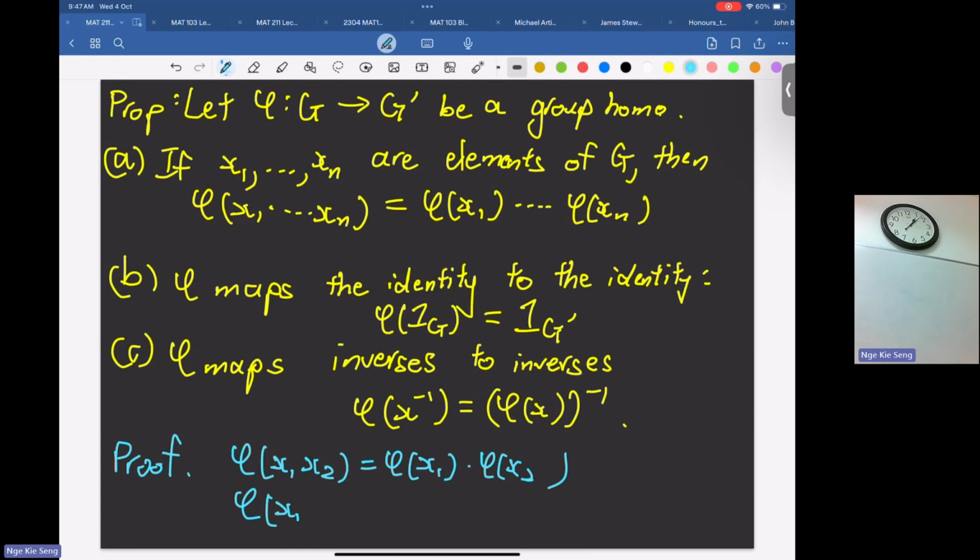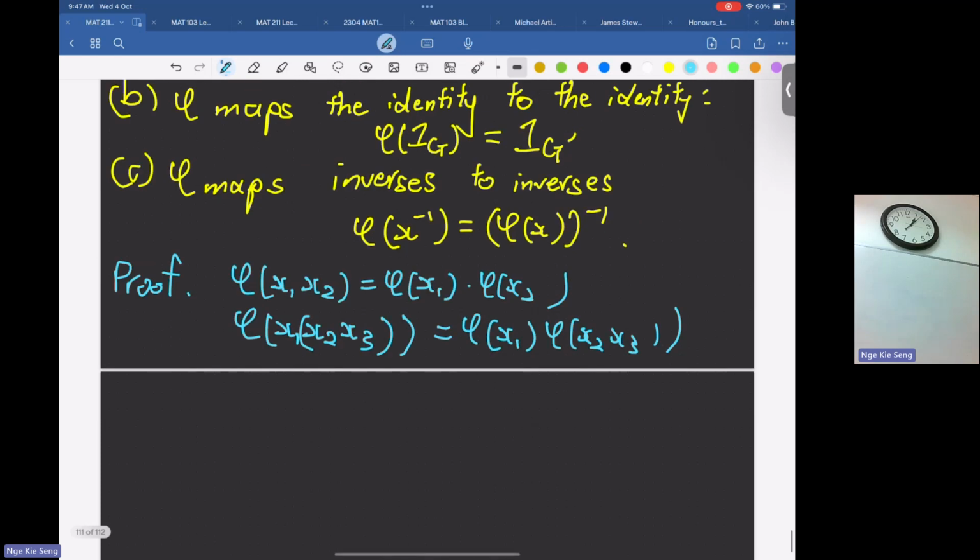To multiply 3 things together, you need to say whether you group the first 2 first or the last 2 first. But it doesn't matter because of associativity in a group. We just start with either one of them. If I do it like this, you can see it is the product of 2 things again, so you can repeatedly apply phi. In general, you need to apply induction.